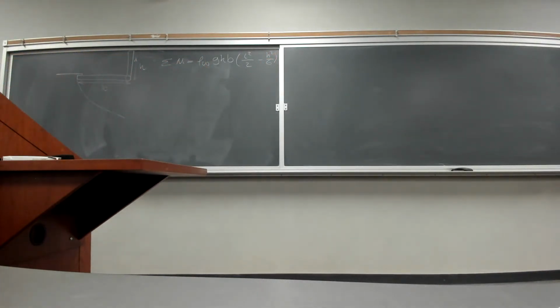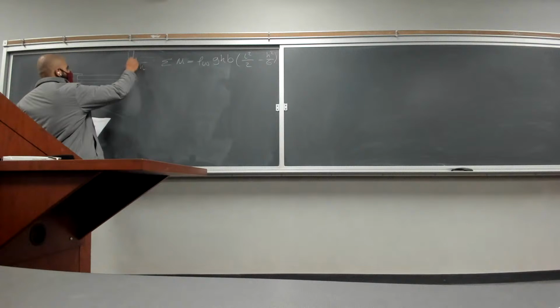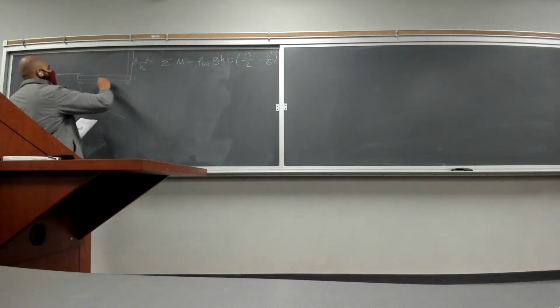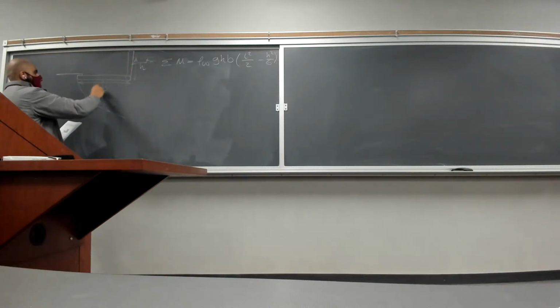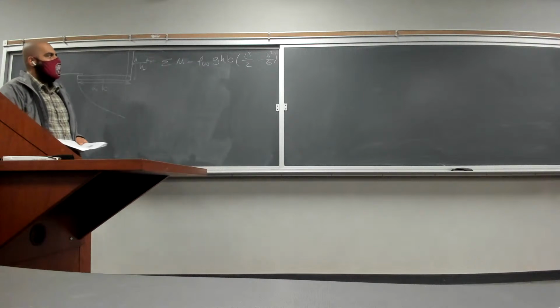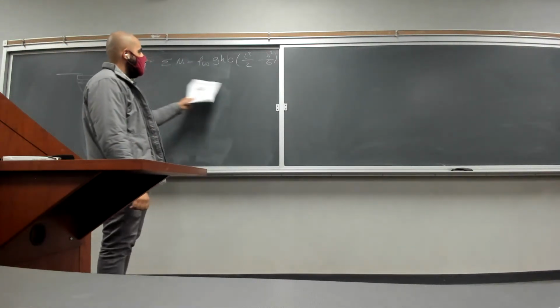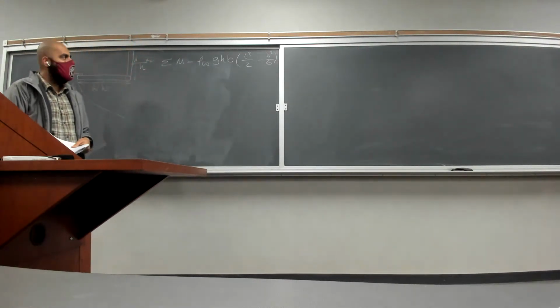And we were able to calculate this moment. We first find the horizontal force, vertical force, and the moments they create around this hinge. And we essentially came to this final formula.